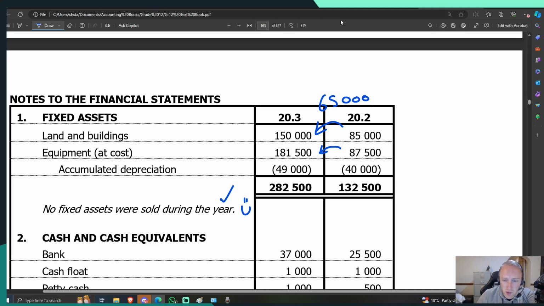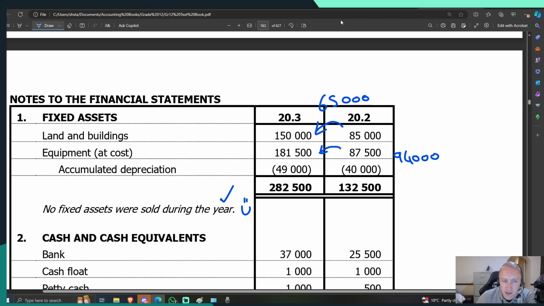That's how much we bought. 181,500 minus 87,500, which is 94,000, I think. 94,000. So we have a 65,000 increase in land and buildings, and a 94,000 increase in equipment.